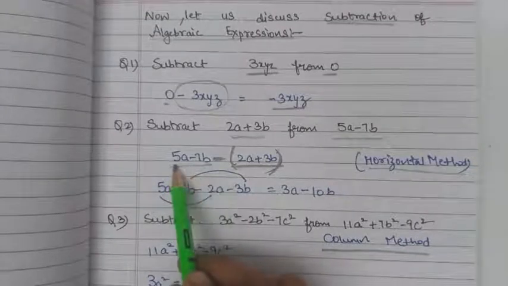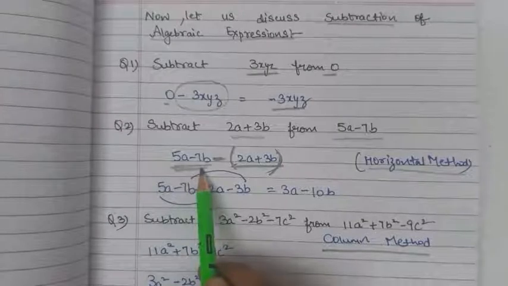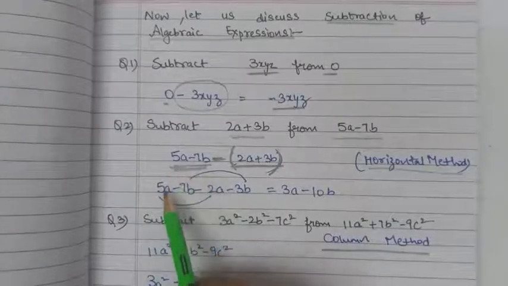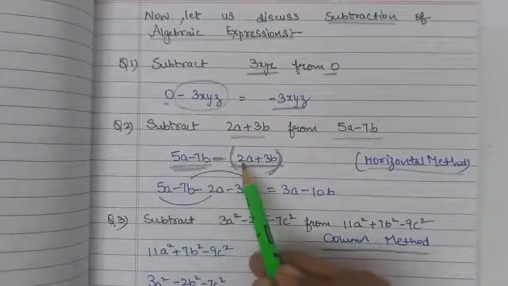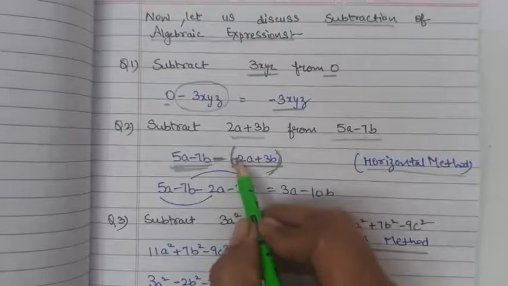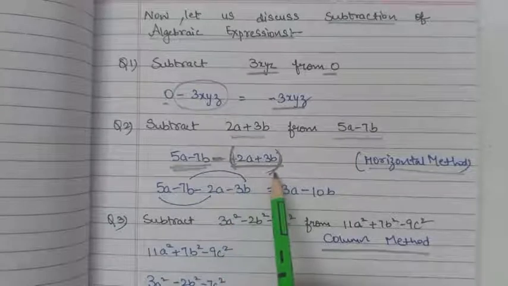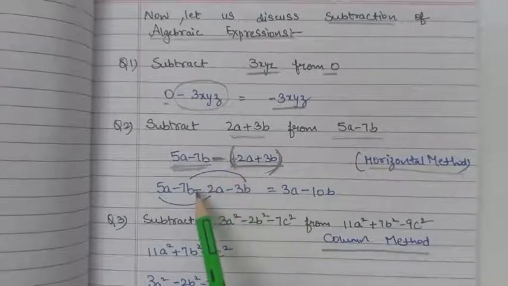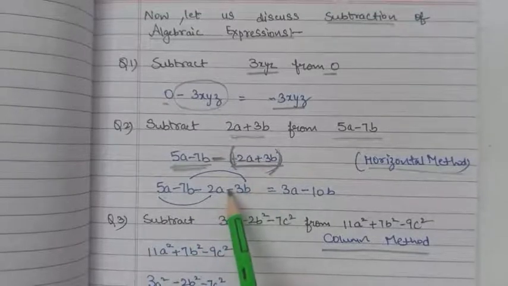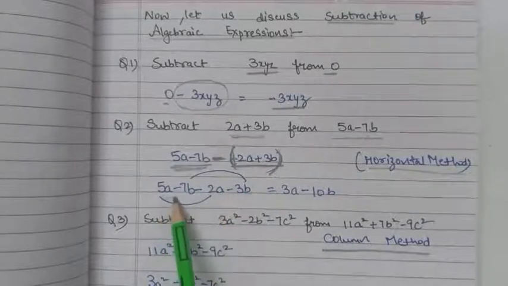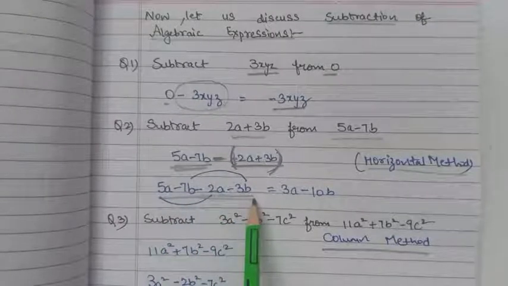Don't change the signs of this expression. Clear, children? So now 5a minus 7b minus 2a. See, here it was a plus sign, so after opening the bracket, plus is becoming minus. Here also plus is becoming minus. So this is the expression we got now.